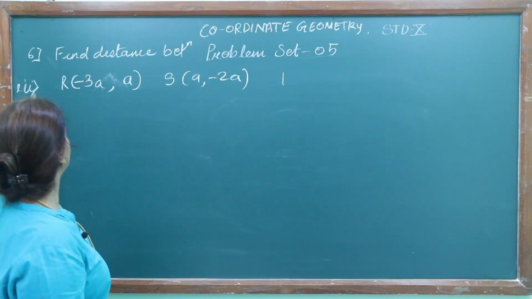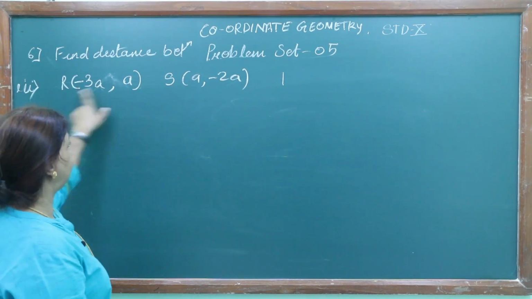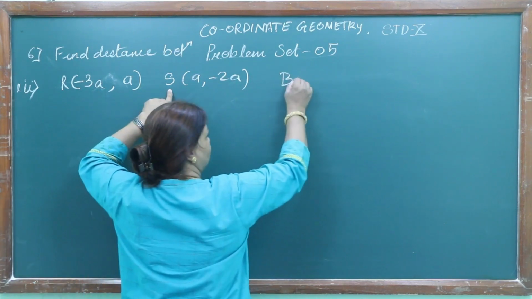Sub question 3 of 6th, find the distance between the 2 points, that is R and S, by distance formula, children.